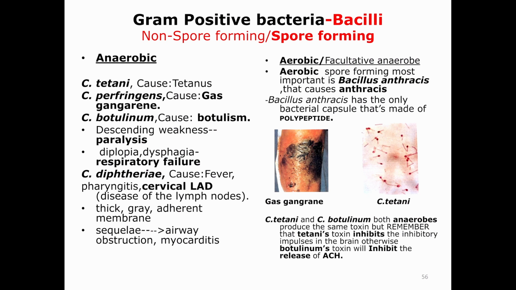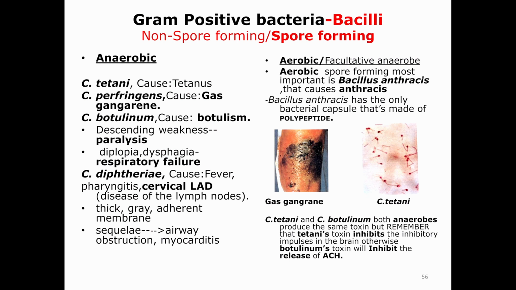Other examples of gram-positive bacilli which are anaerobic include Corynebacterium diphtheriae, which causes fever, pharyngitis, and also some sequela of airway obstruction and myocarditis.